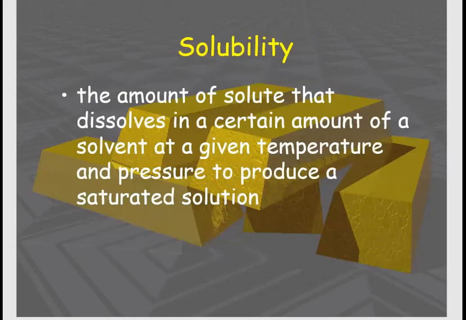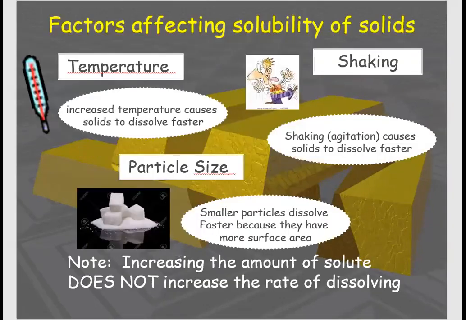So let's talk about solubility. Solubility is the amount of solute that dissolves in a certain amount of solvent at a given temperature and pressure to produce a saturated solution. The factors affecting solubility that we have are, first, temperature. Increased temperature causes solids to dissolve faster.